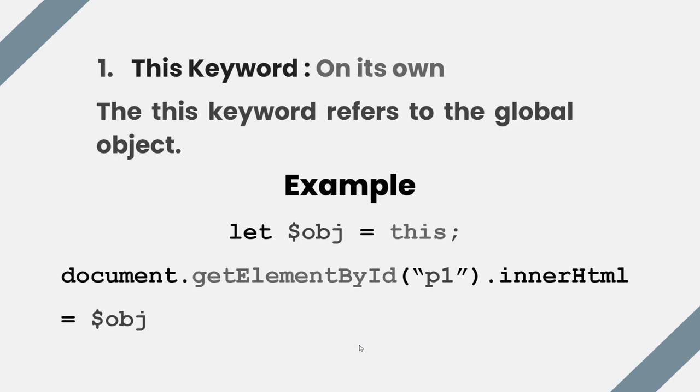So here the this keyword is playing the role of a value. And so if we output the variable name, that's $obj, it would refer to the global object, which is the window object itself. That's our browser window in general. So that's how this works.